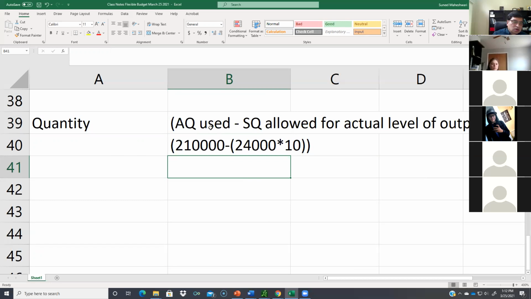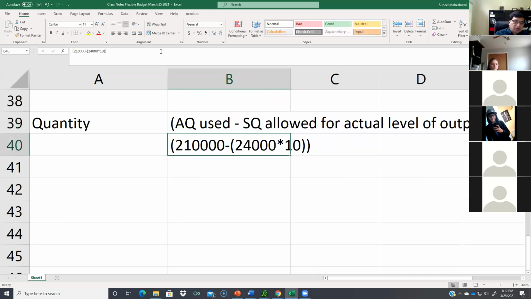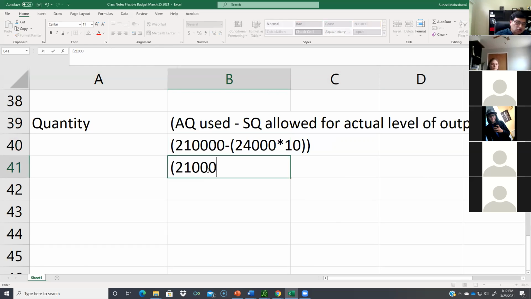For the standard price. So in this case, your actual quantity used was 210,000. Your standard quantity allowed for that level of output was 240,000.